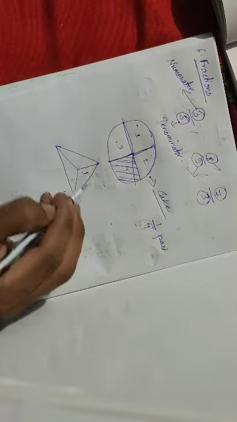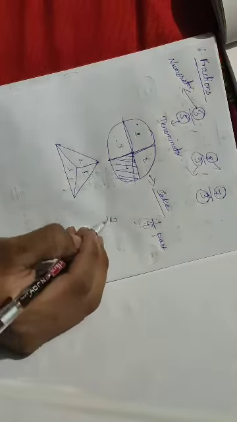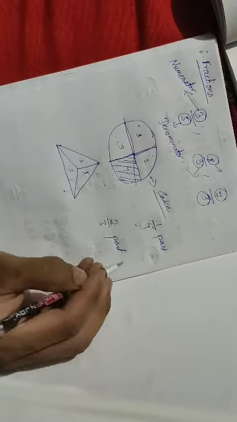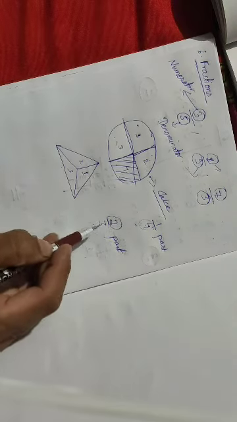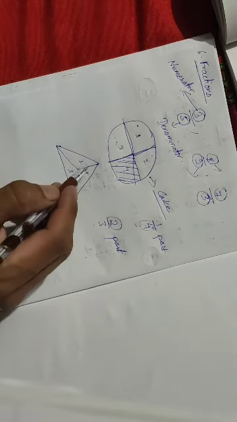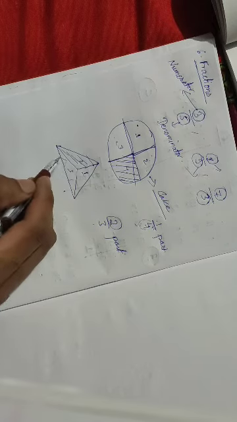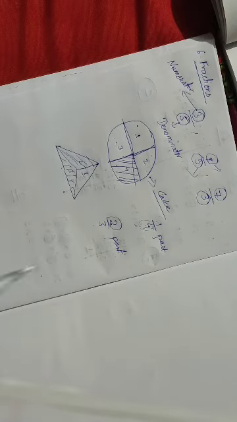See, 1 part, 2, 3 parts. If I ask you for 2 by 3 part, then you divided it into 3 parts, and you have to give me 2 out of those 3. That means you will give me 2 parts, like this and maybe this. Out of 3 you will give me 2. So this is a fraction.